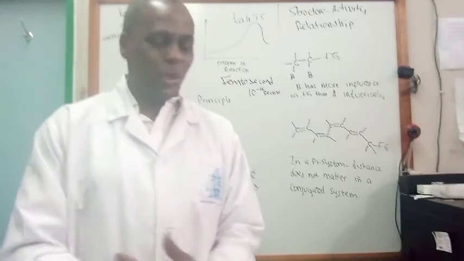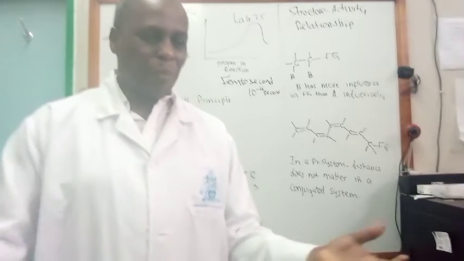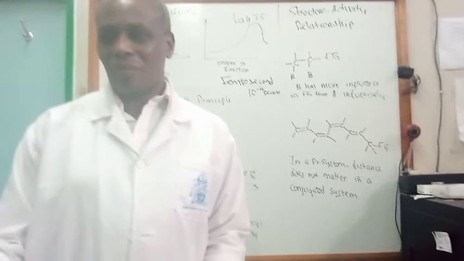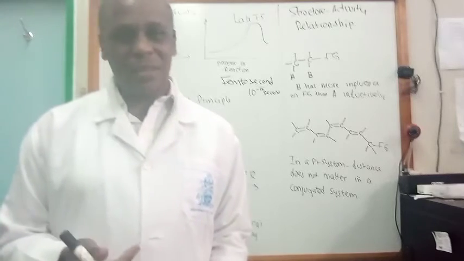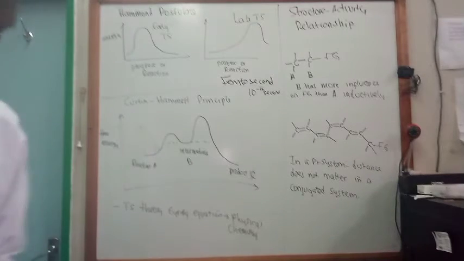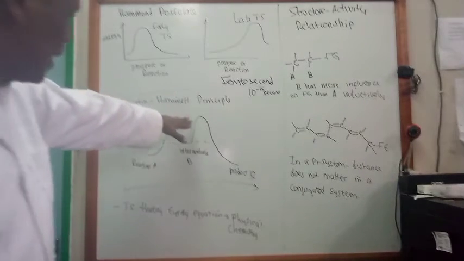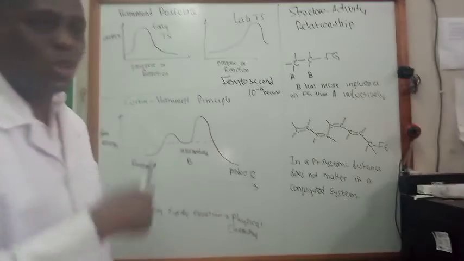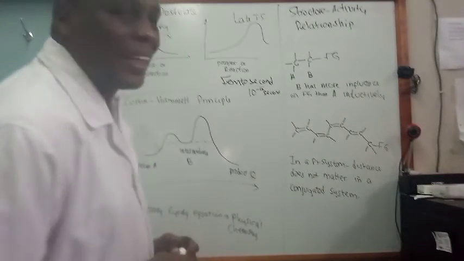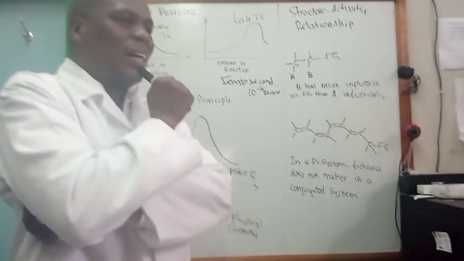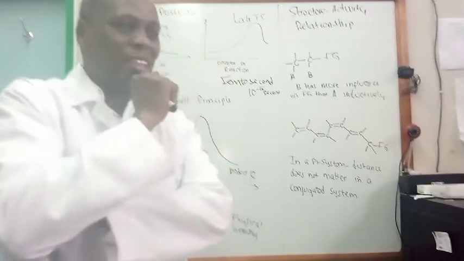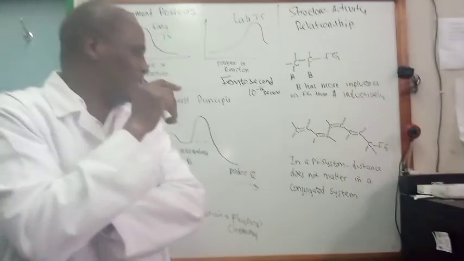Sometimes you leave intermediates there, the equilibrium, then eventually the most stable should actually be the one forming, in larger quantities. But what has been observed, and this is what you're going to see, is a bit interesting.